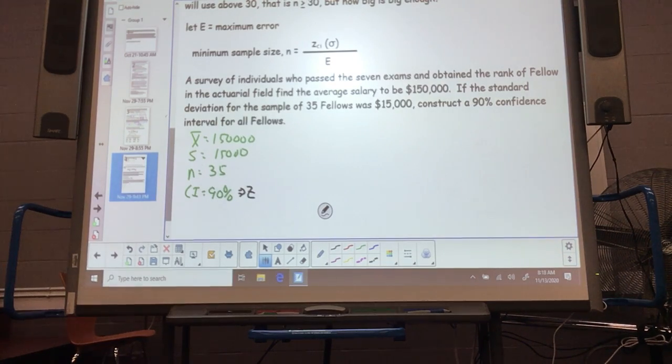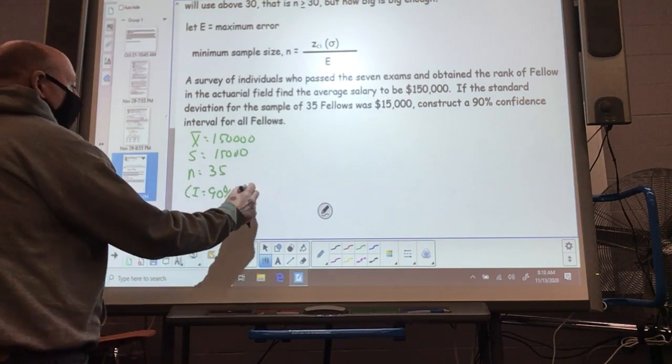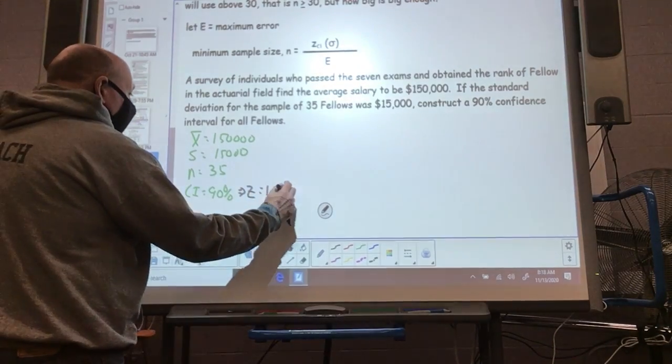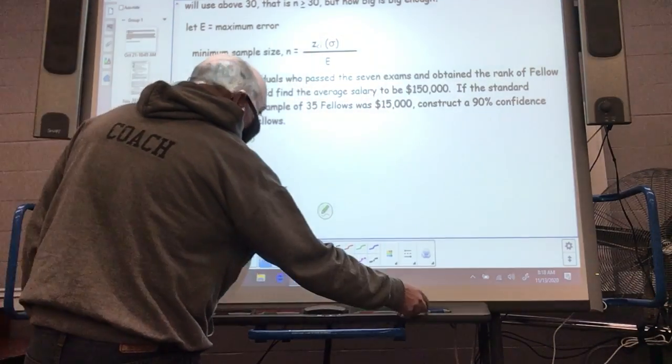Looking at our table, if I have a 90% confidence interval, what is the z value that corresponds with a 90% confidence interval? Rich? 1.65. You know what, let's do this one, that's fine.